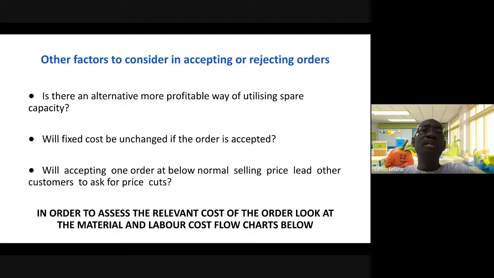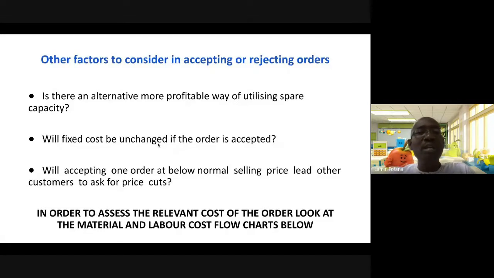If you reject a particular order because it's not profitable, you have to think about the spare capacity. Let's say you hire your machine. You will pay for it whether you take this order or not. You hire your staff, you are paying them on a monthly basis, whether they work on this or not, you still have to pay them. So sometimes, because of things like this, you can accept orders even though they may not be profitable.